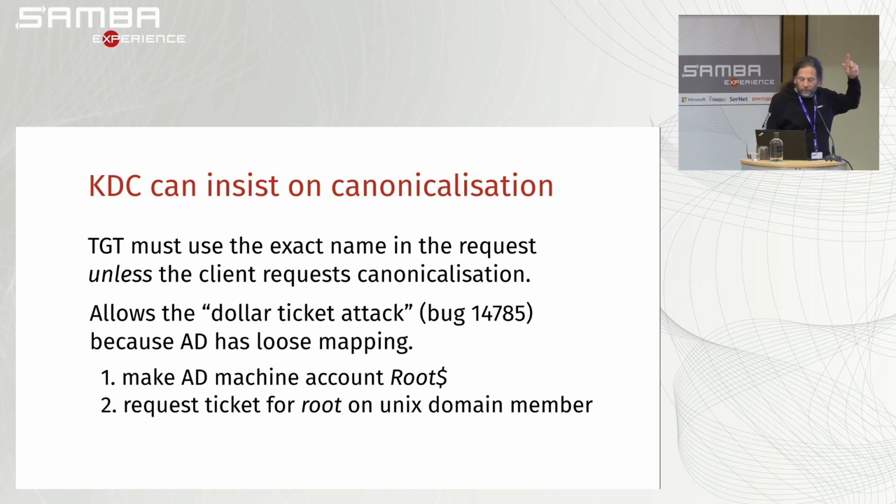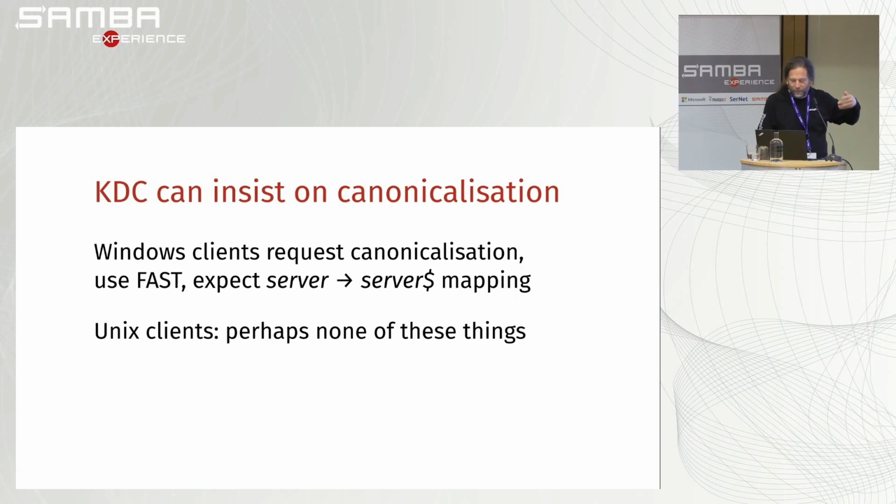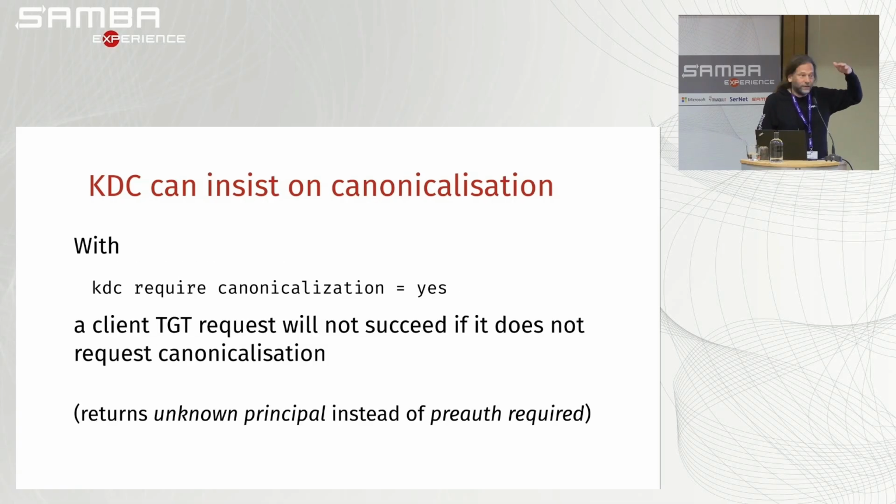So this is for the dollar ticket attack stuff. Windows clients use the canonicalization thing, and Unix clients, well, I don't know about the WinBind SSD doing stuff, but sometimes you might get a client that doesn't set it.